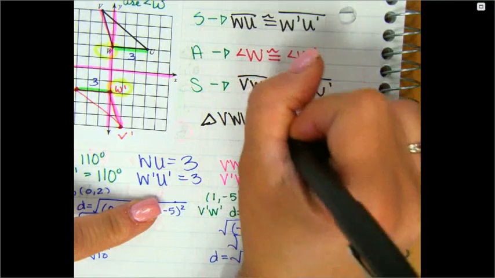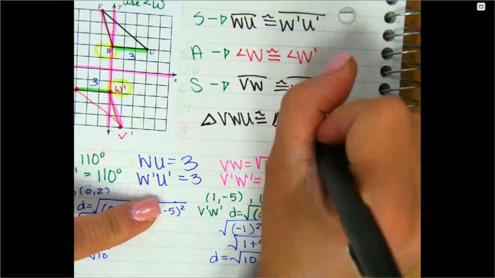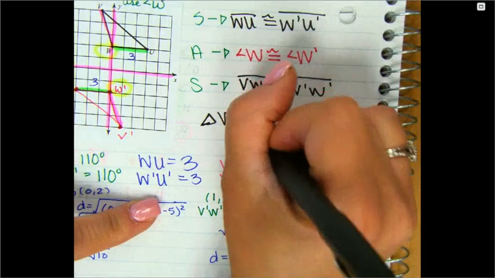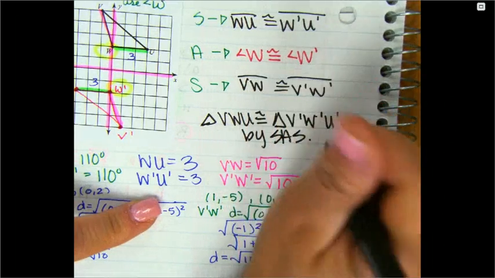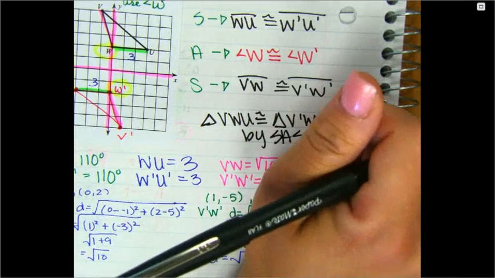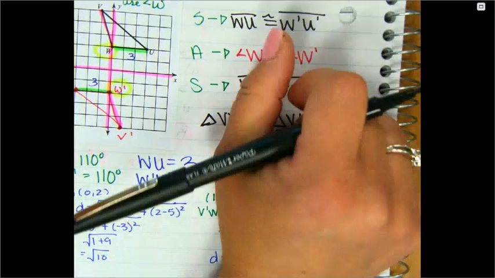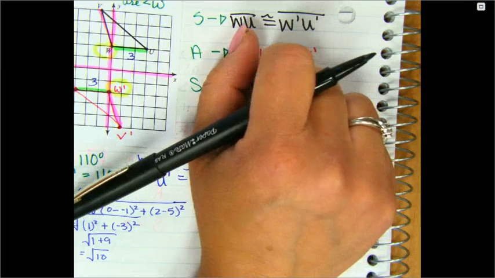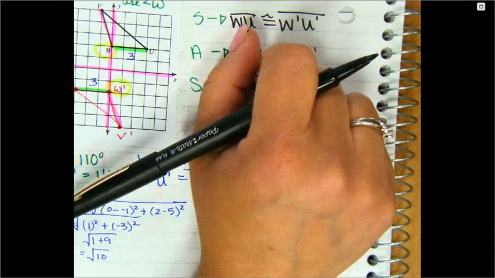VWU is congruent to triangle V prime W prime U prime by what? Side angle side. Okay? Make sense? You can write it on your own.